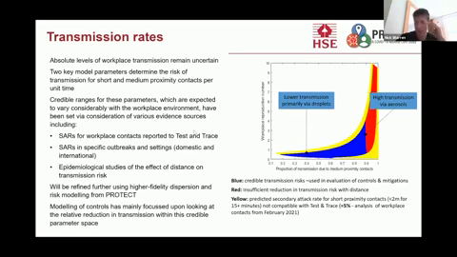And I suppose the key thing to take from that is with these office contact patterns, it would be very difficult to get outbreaks unless the majority of transmission is due to medium proximity contacts, i.e. being nearby to someone, but not within 2 meters of them.